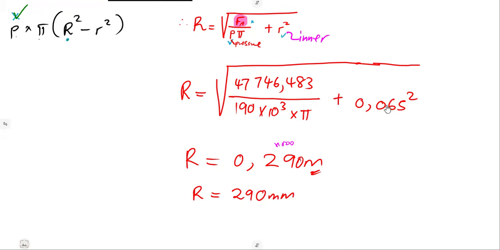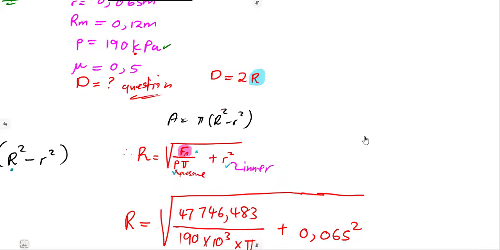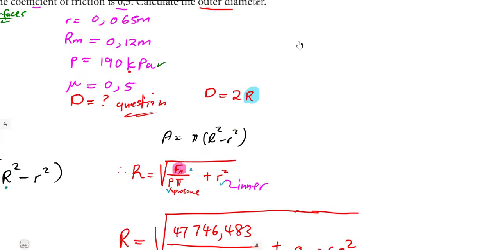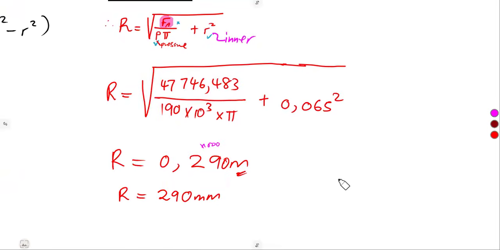Then the diameter now. No problem. We can use 2 times radius. So our diameter is 2 times 290 millimeters. 2 times 290 is going to give us 580.